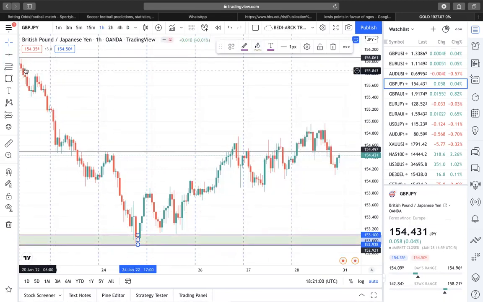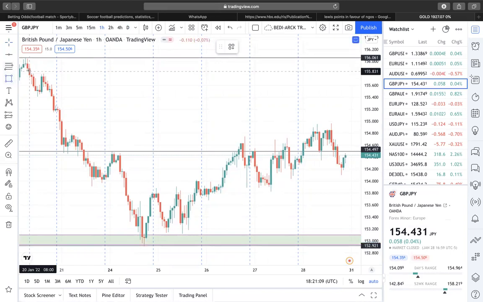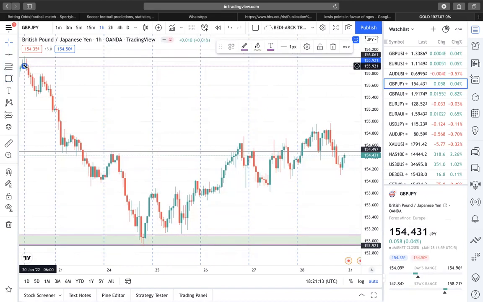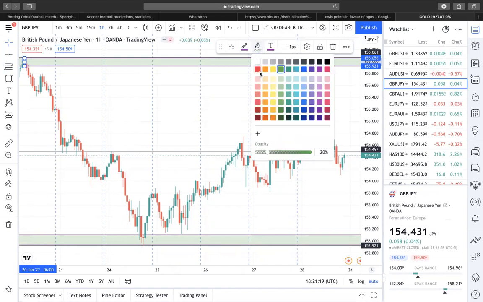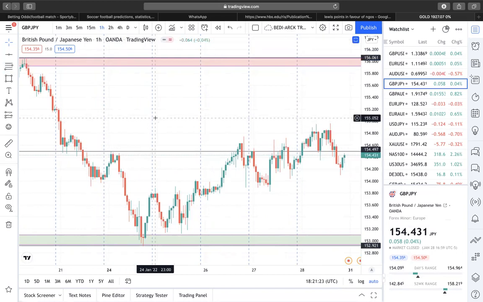Then again, last green candle before sellers took over, right? This is the last green candle. Take a rectangle. And the color red. Looking to sell.